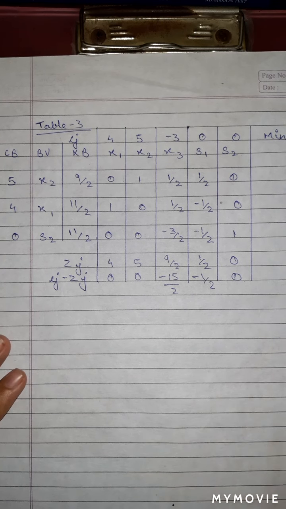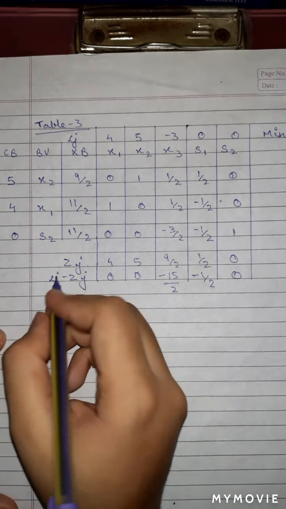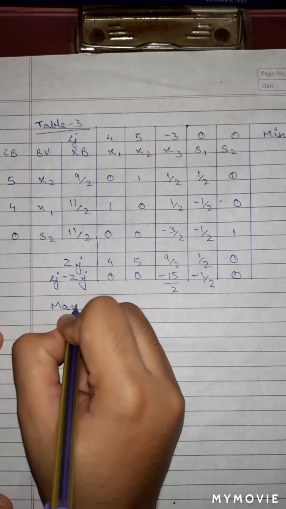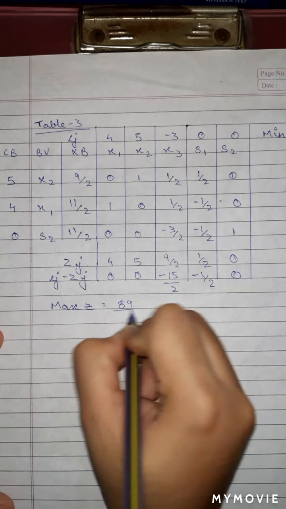Now as we can see, all the values are either 0 or negative. So here we are going to stop making further tables, because we are getting our maximum equal to 89 by 2.